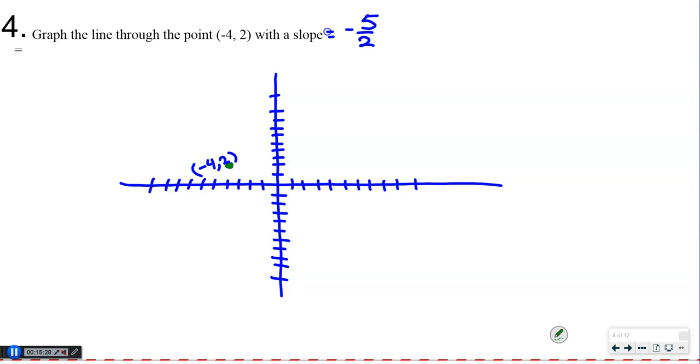So if I go down 5, 1, 2, 3, 4, 5, and to the right 2, 1, 2. My dots are not lining up properly. Right in there, and that is at negative 2, negative 3. So my line will go through there.